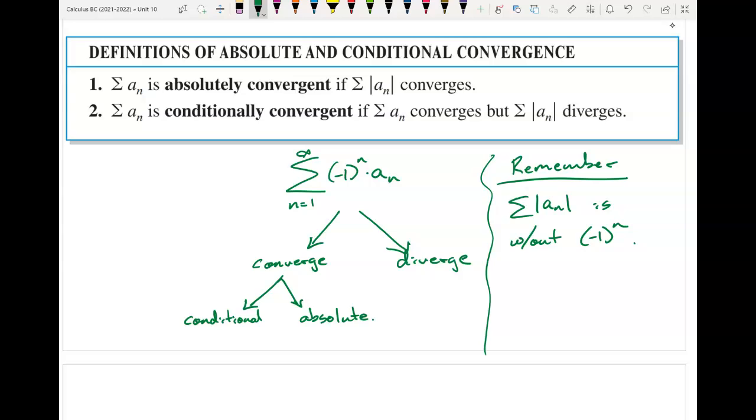Like if we had cosine of pi n, we could say that's what's causing the alternating. You could throw absolute value bars around it and say we're just going to make that positive regardless, and then look at the series. Okay? Any questions?